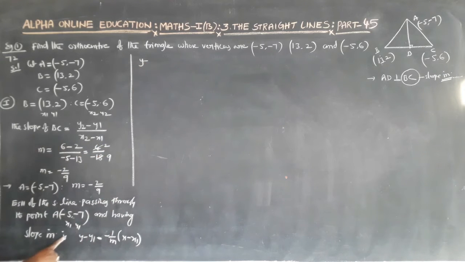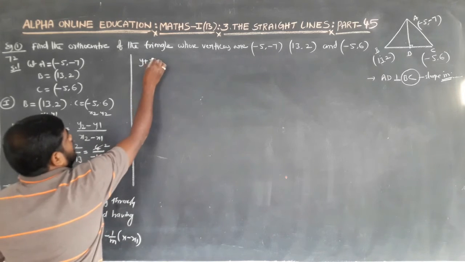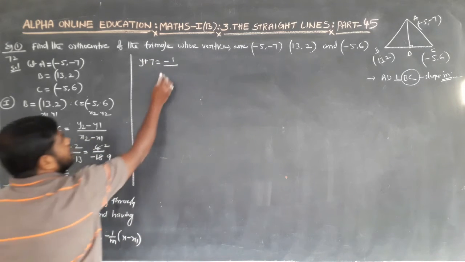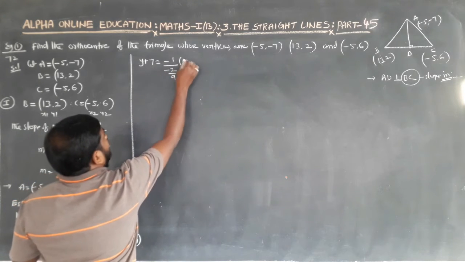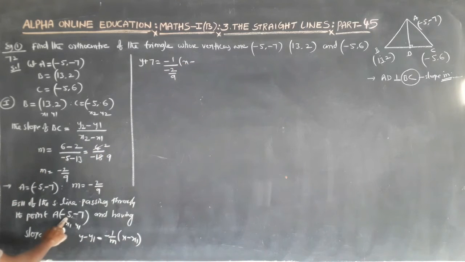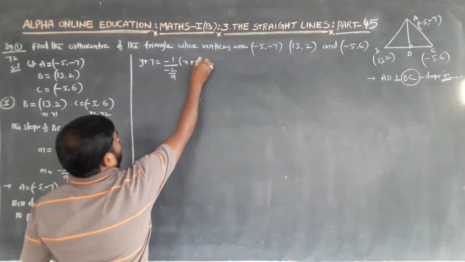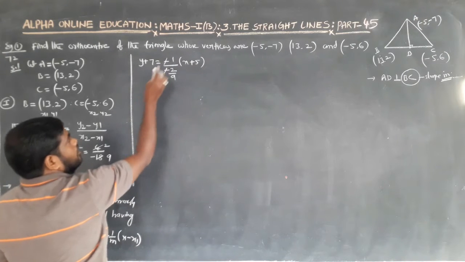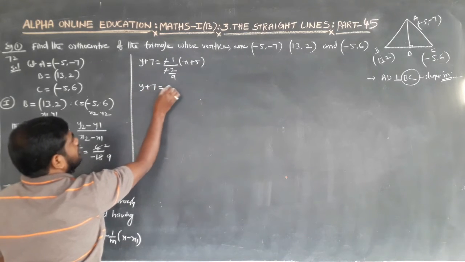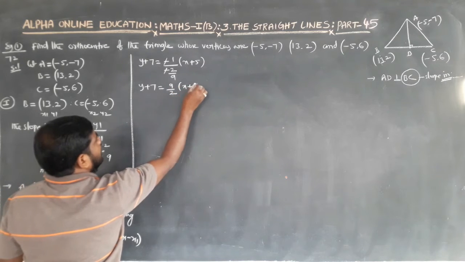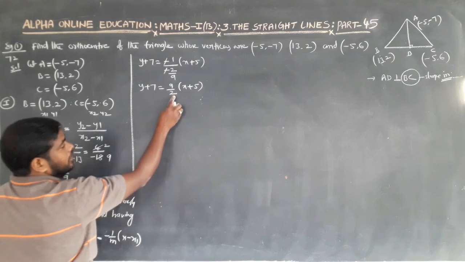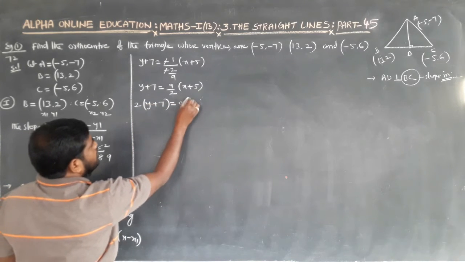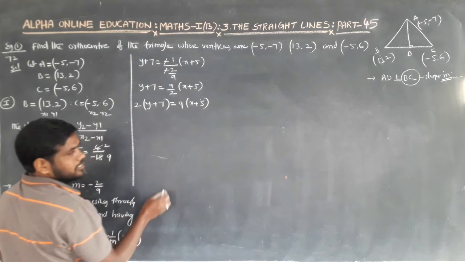y plus 7 equals minus 1 by m, with m equals minus 2 by 9, into x plus 5. The minus signs cancel, giving y plus 7 equals 9 by 2 into x plus 5. So 2 into y plus 7 equals 9 into x plus 5.